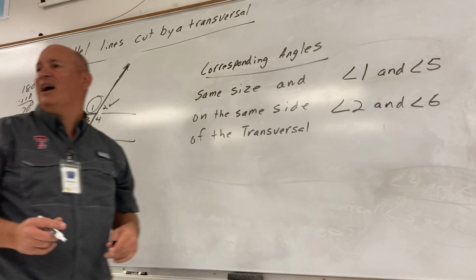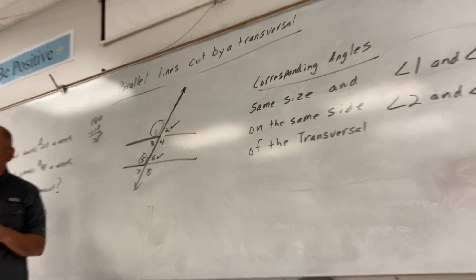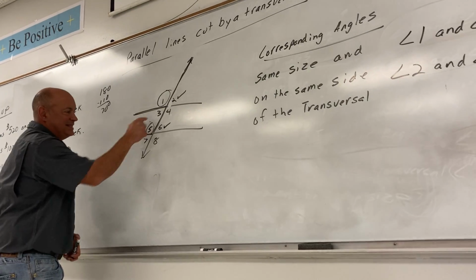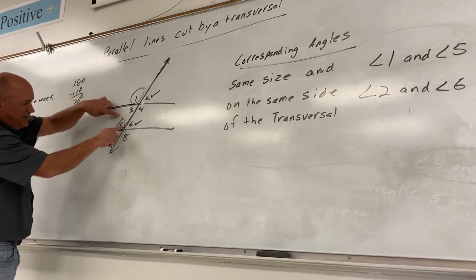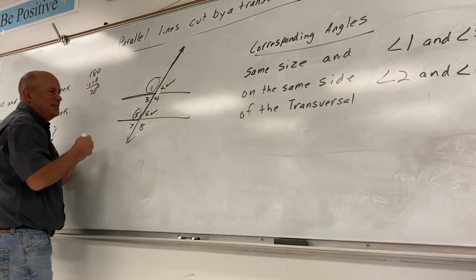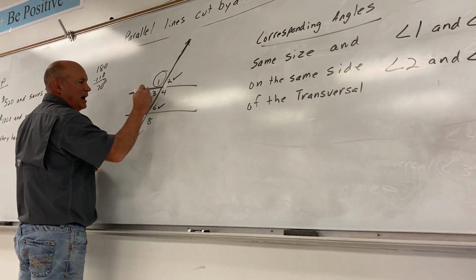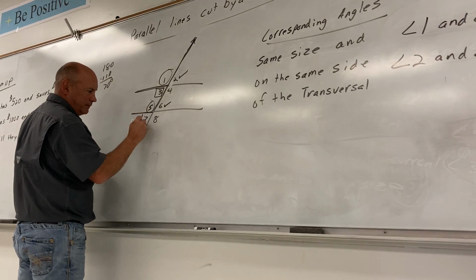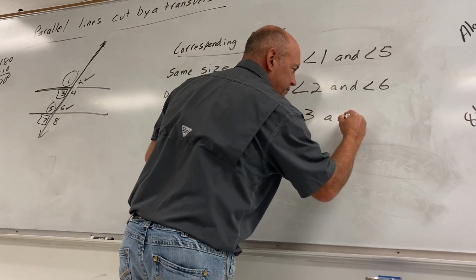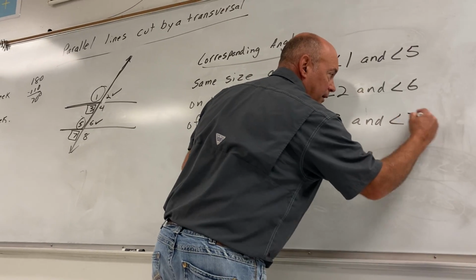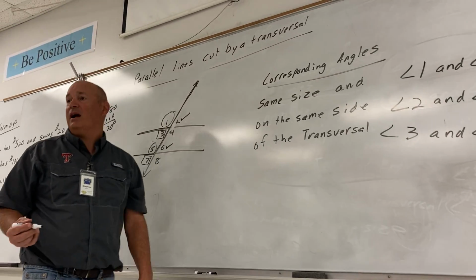Give me another pair. Edison. 3 and 7. Yes, I agree. 3 and 7 are the same exact size and they're on the same side. Good. We'll do a box around them. 3 and 7. And there's only one more pair. Tell me the last pair.